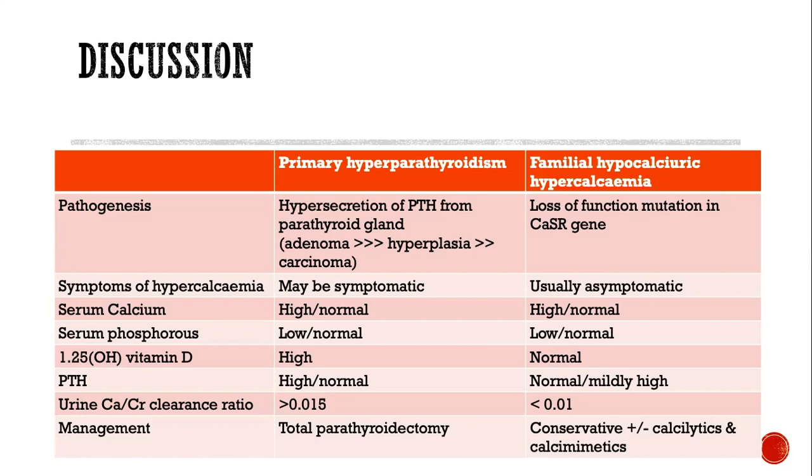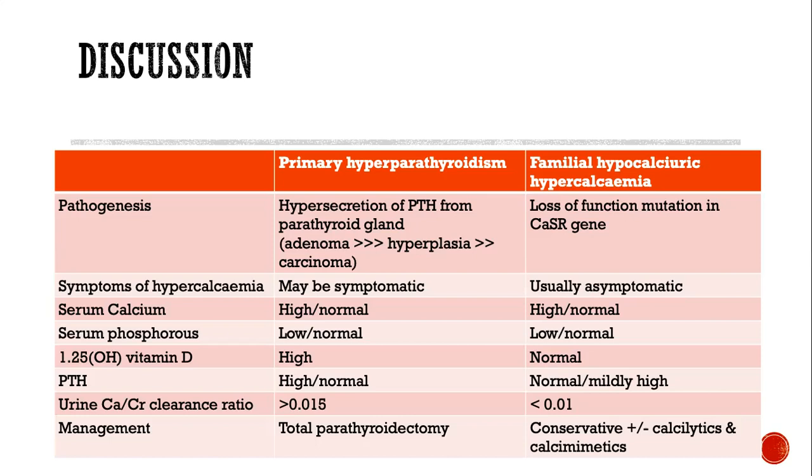In familial hypocalciuric hypercalcemia, there is a loss of function mutation in the calcium sensing receptor gene, leading to defective calcium sensing receptors in the parathyroid and also in the kidneys. So because of that, with normal or mildly elevated calcium levels, as this calcium sensing receptor is defective, there is continuous PTH secretion. And in the kidneys, urinary excretion of calcium is not done. So there is hypocalciuria.